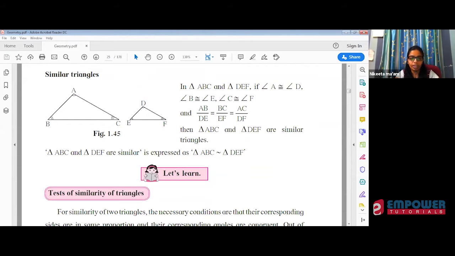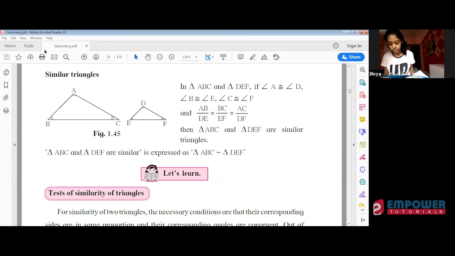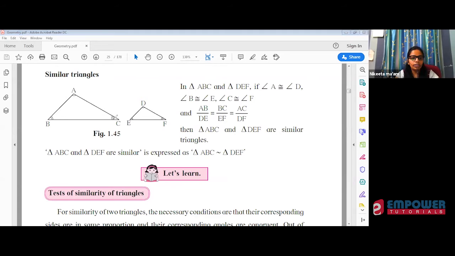What does it mean? Whenever we say this angle is congruent to this angle, the sides opposite to these angles, that is DE and AB, will be in proportion.